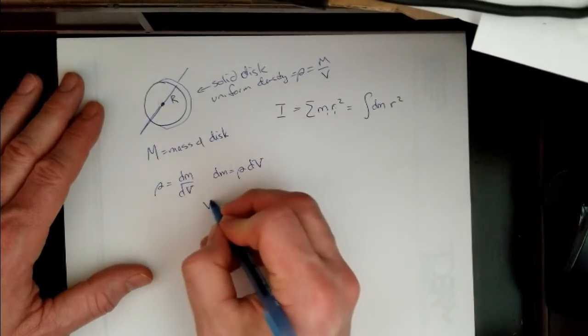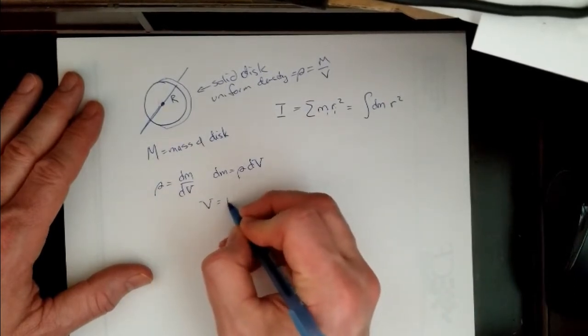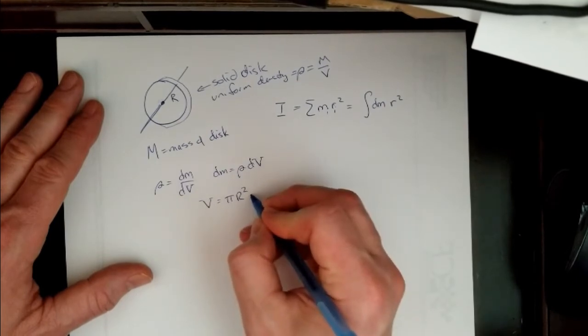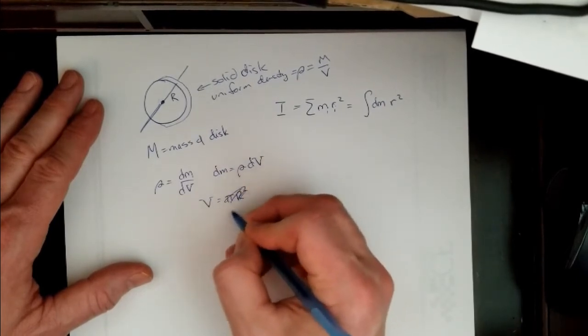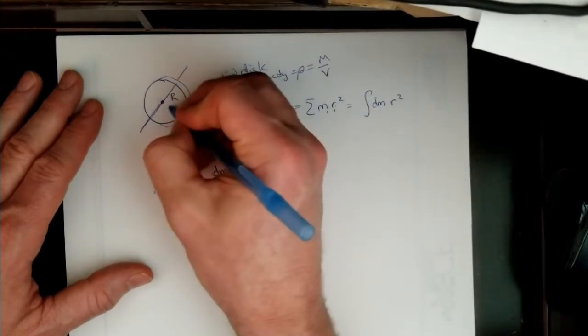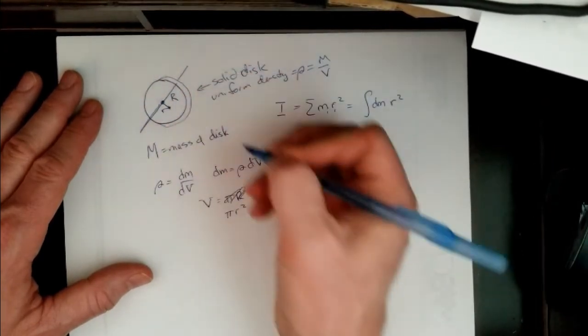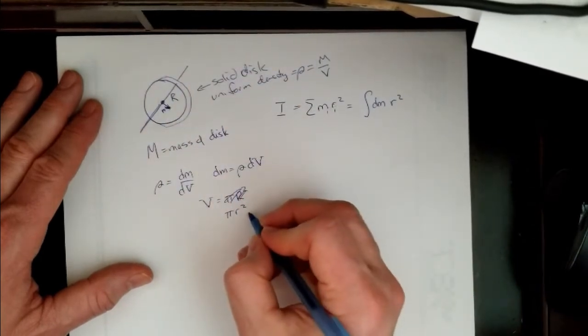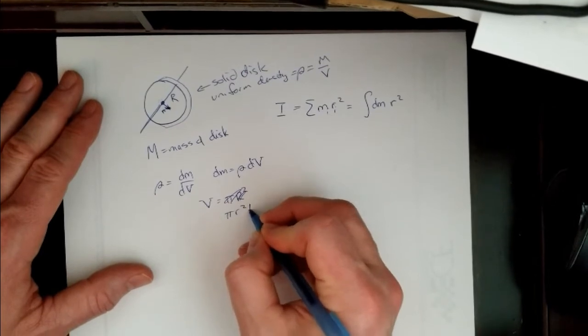I know that the volume of this is equal to pi r squared times the, well, actually, it depends upon the radius, so pi r squared. So if I take some point right there, some r, pi r squared times the thickness.